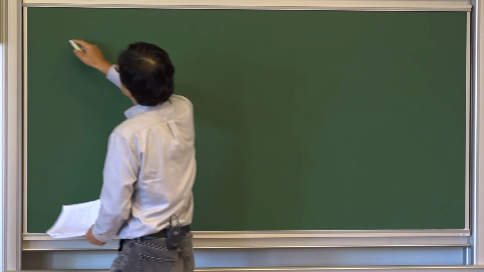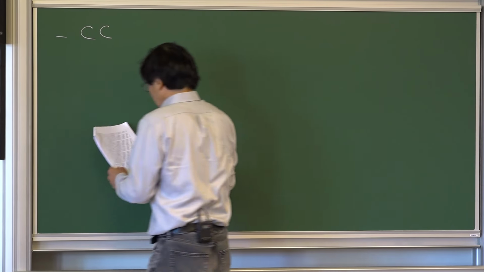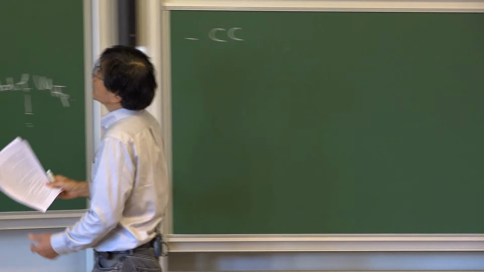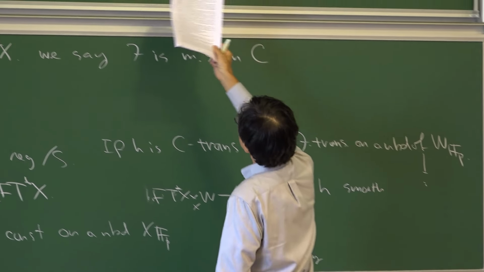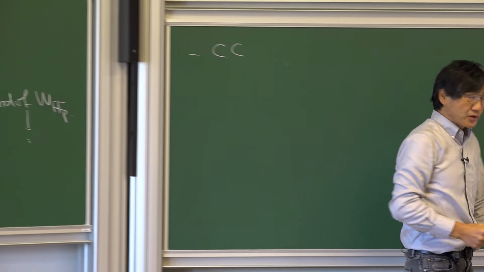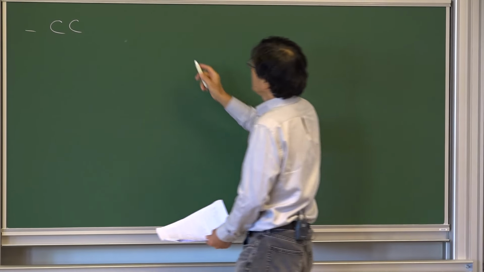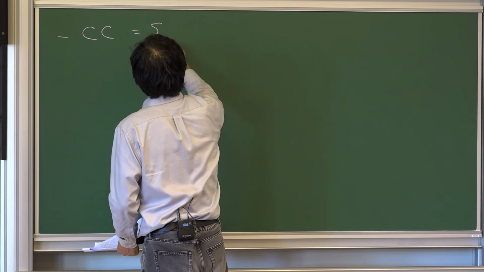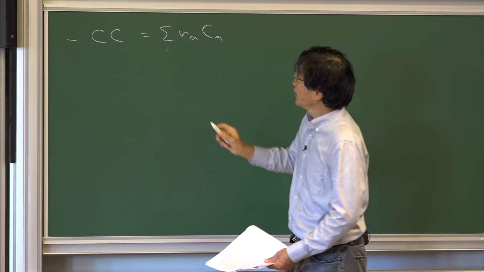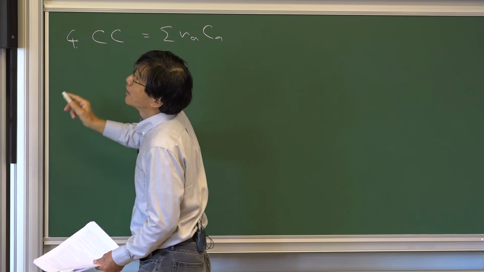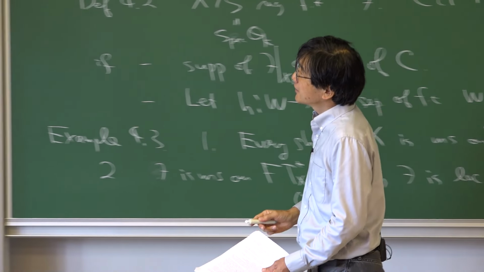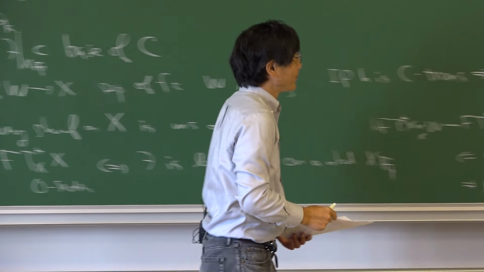Okay, the last thing is the characteristic cycle. If we write the singular support as a union of irreducible components, then the characteristic cycle should be a combination of them. Proving this in mixed characteristic is a problem.